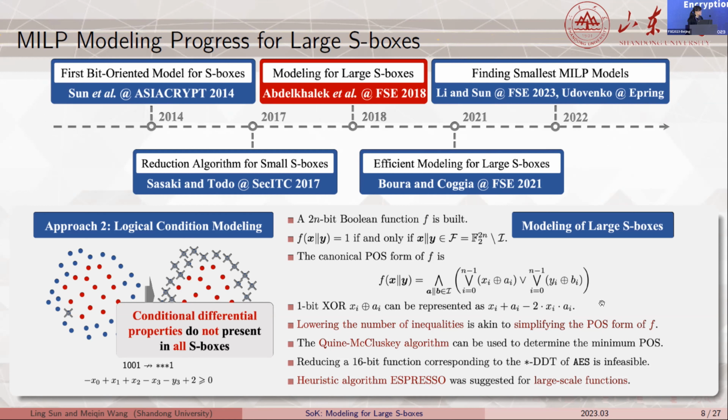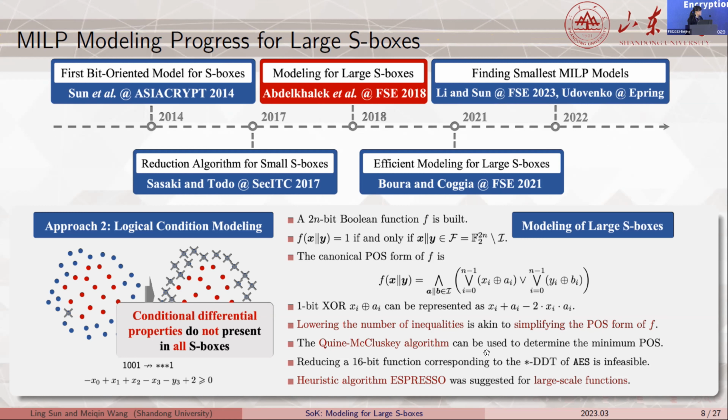So up to this point, this method is almost the same as the previous one. The new idea is that the authors found that lowering the number of inequalities is akin to simplifying the POS form of f, and this question is a well-studied one. The Quine-McCluskey algorithm can be used to determine the minimum POS.